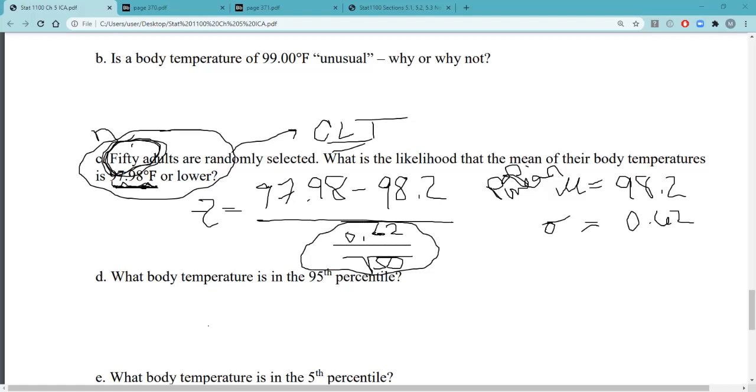So just to relabel this, we have x minus mu over sigma divided by the square root of n. When we calculate this, we end up having a z-score value of about negative 2.51.